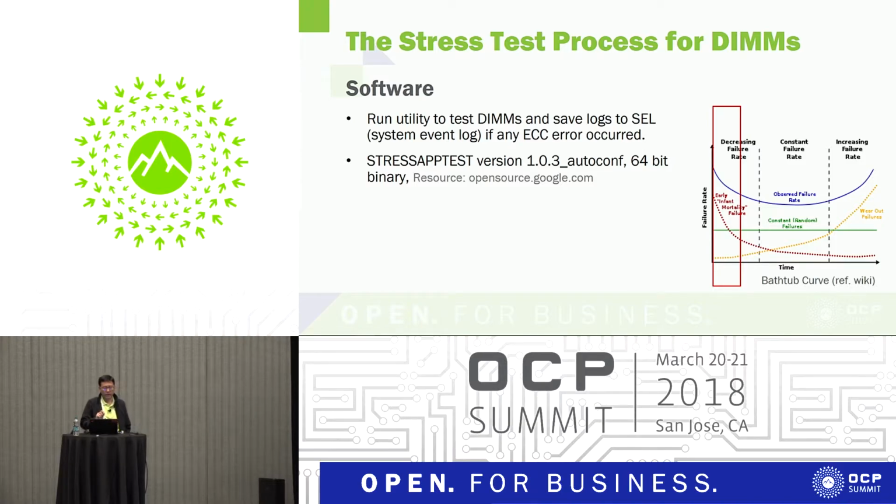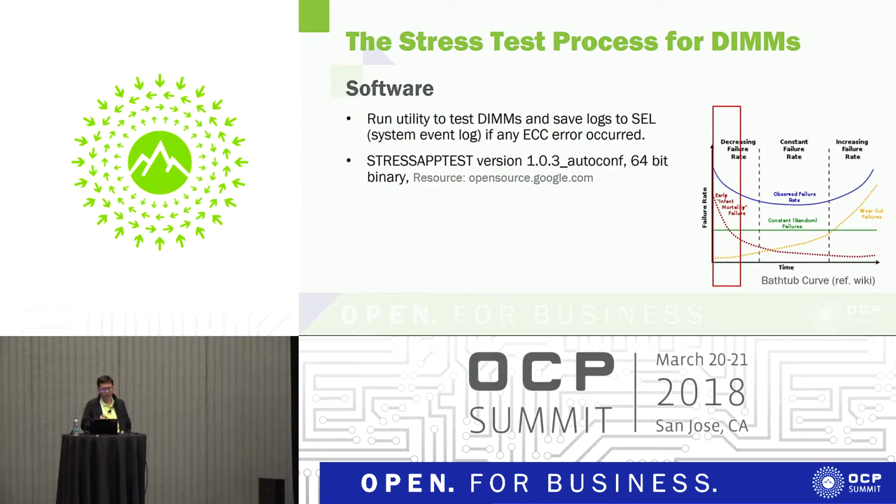For the stress test process for DIMM, according to the right side of the picture, take the hot top curve as your reference; we will focus on the left part in the beginning. If the DRAM module can pass the stress test, then we can identify it as good. It can be used in our customer's environment.